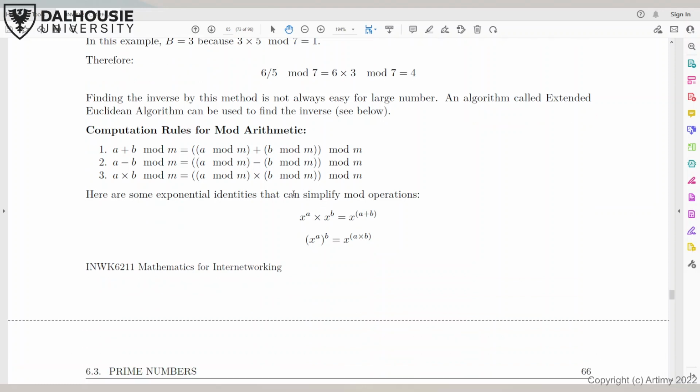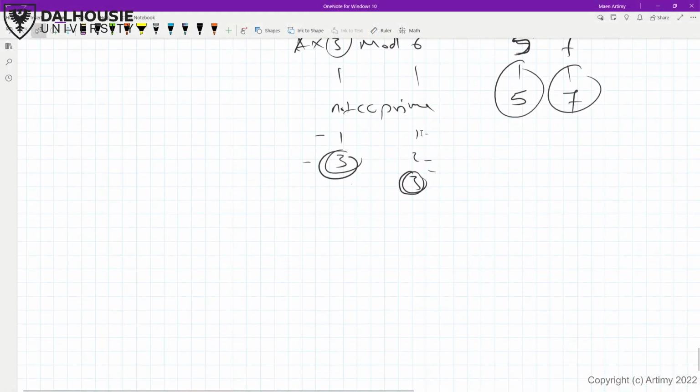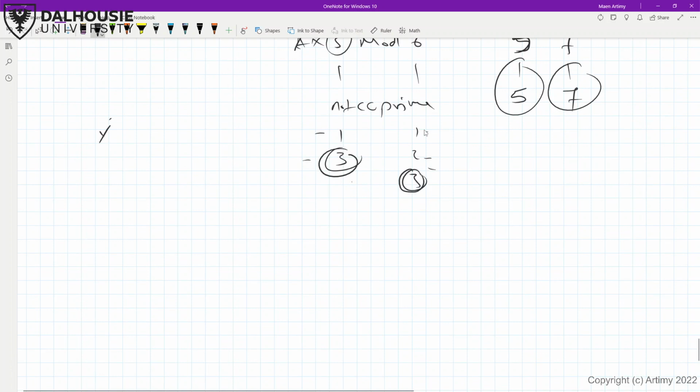So, from algebra, we know that x to the power a multiplied by x to the power b is equivalent to x to the power a plus b. I know you know this, but let's say x to the power 2 multiplied by x to the power 5 is equivalent to x to the power 7.